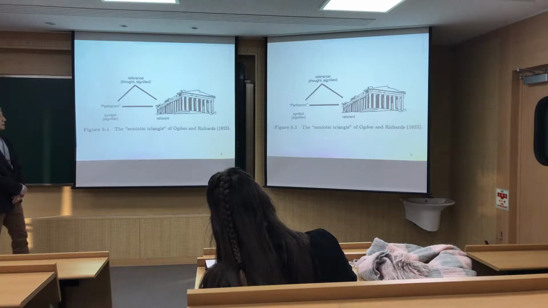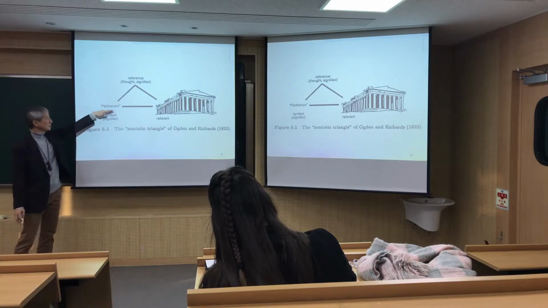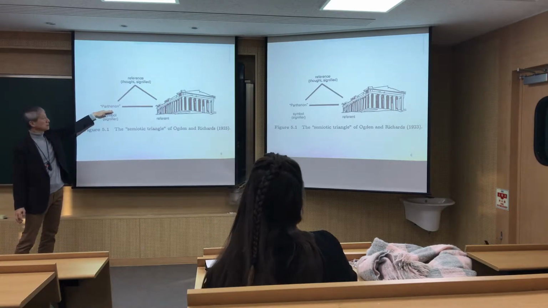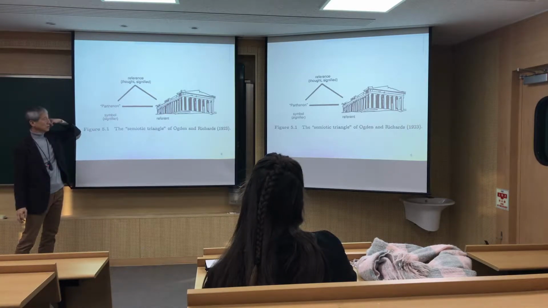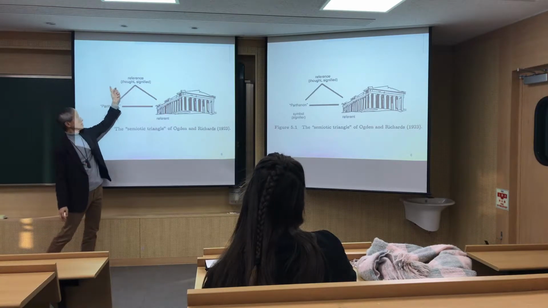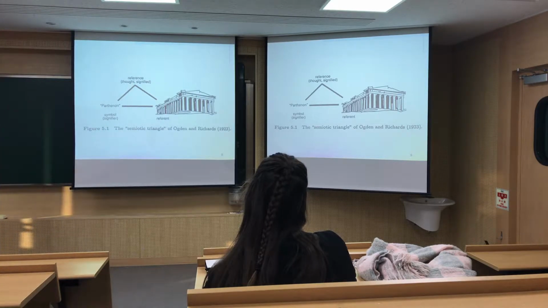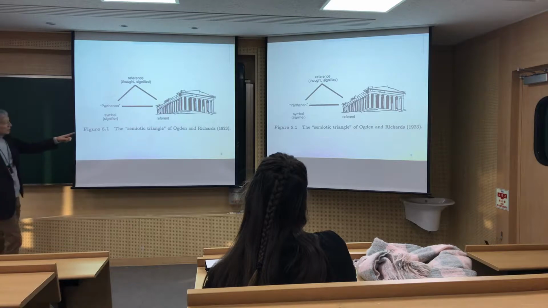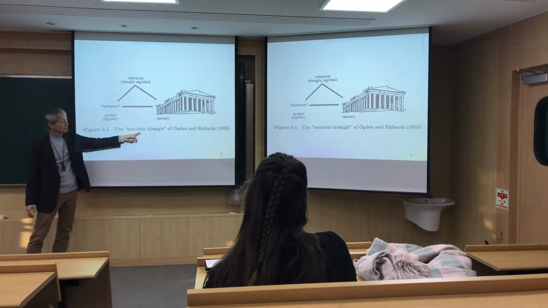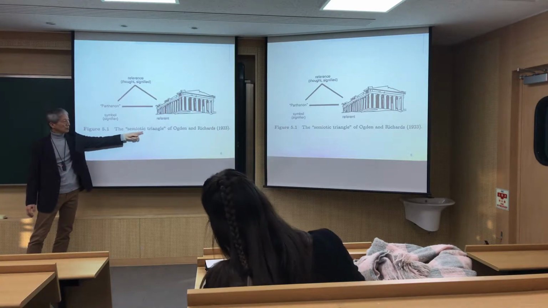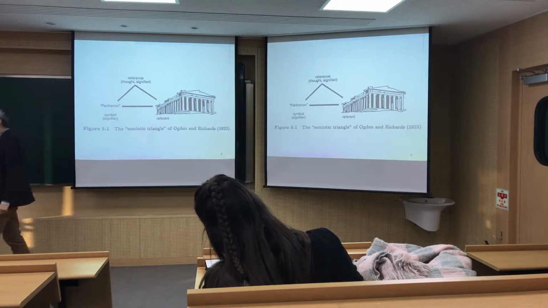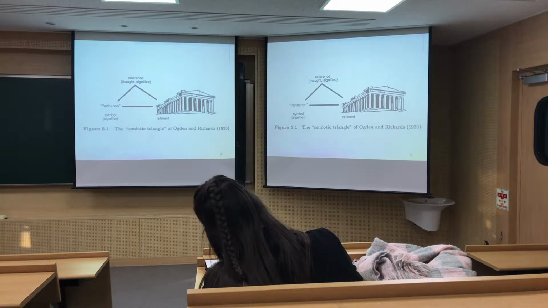And when this word comes to my ear as a listener, you usually do the referencing, remembering the object that comes together with it. We call this a semiotic triangle, probably proposed by that person 100 years ago.